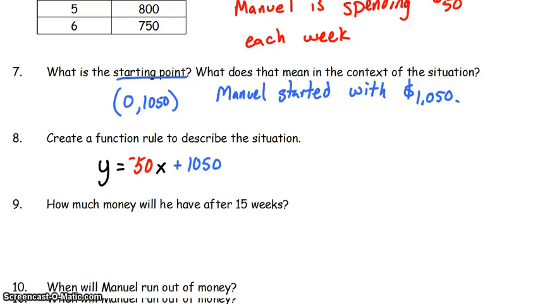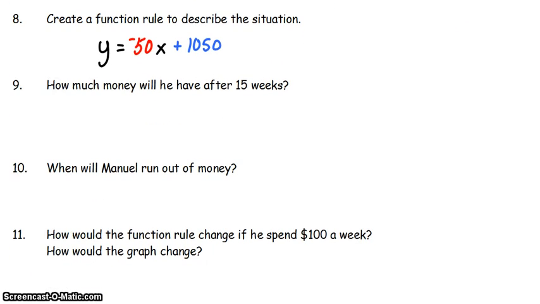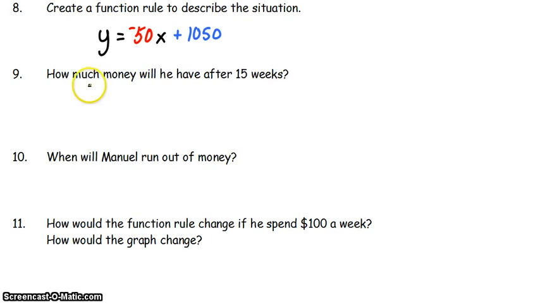From there we can go ahead and use that function rule. I can use it to find out how much money he will have after 15 weeks. We had said that x was the number of weeks, so if x is 15, substitute into our function rule and find y. So y would be equal to negative 50 times 15 plus 1,050.